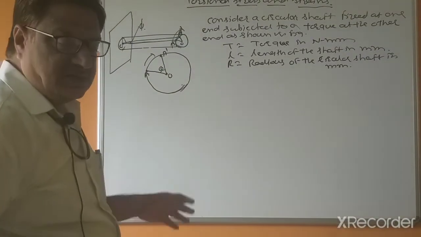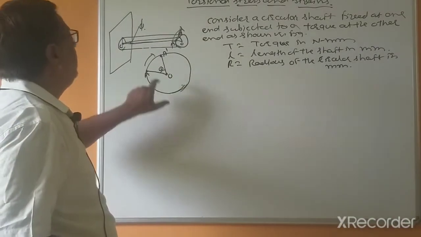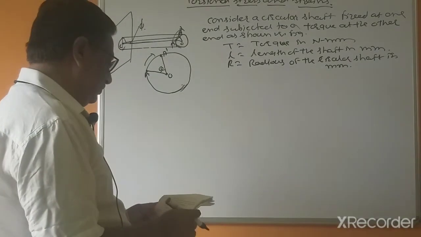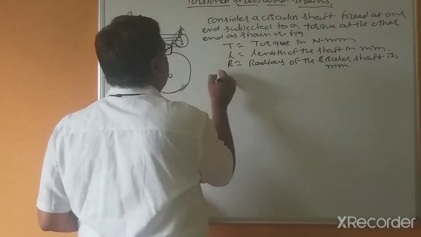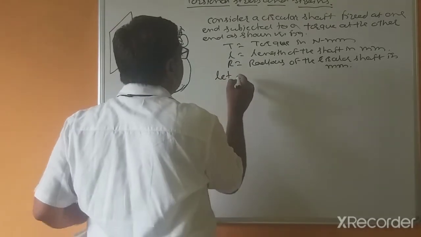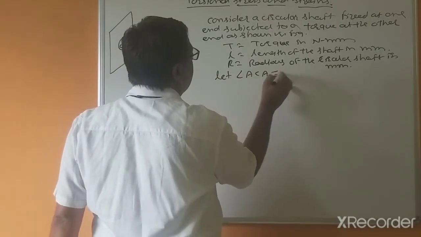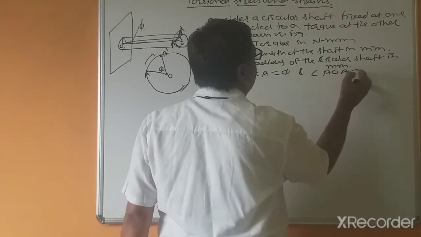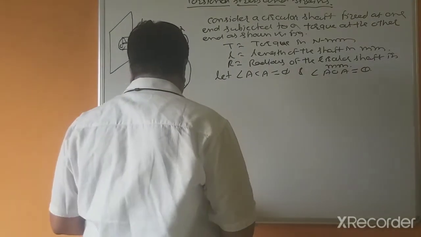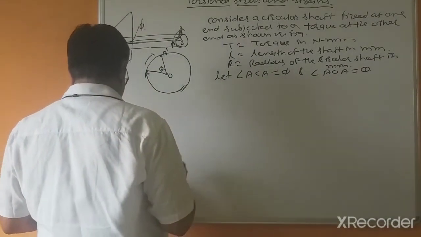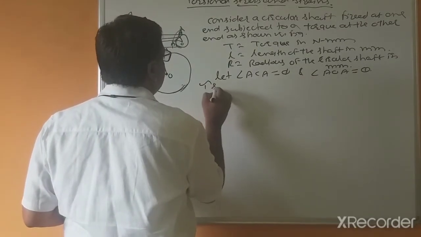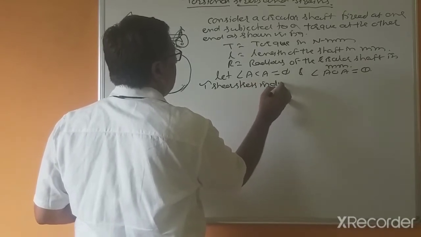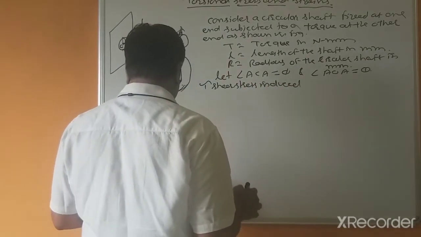As a result of this, O2A is shifted to O2A dash. Let angle ACA dash equal phi and angle AOA dash equal theta. Tau is the shear stress induced at the surface.